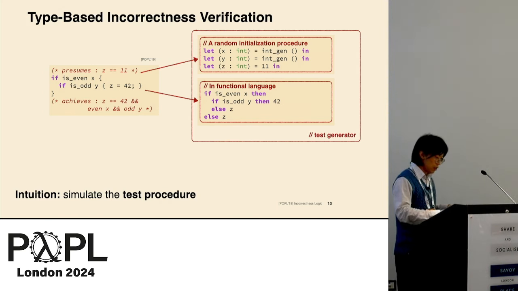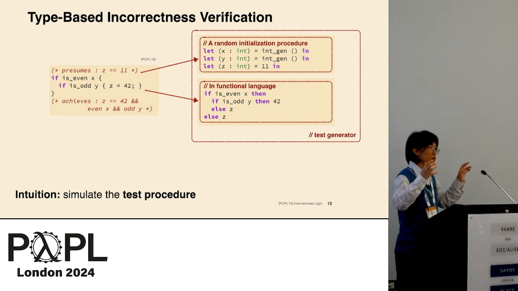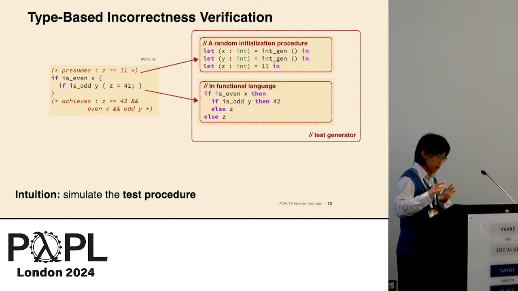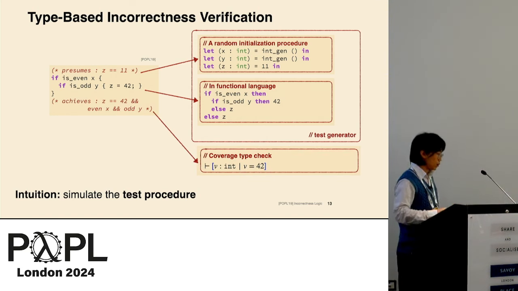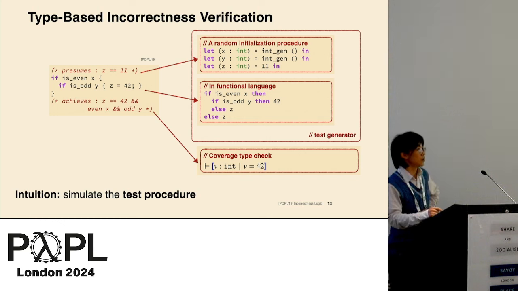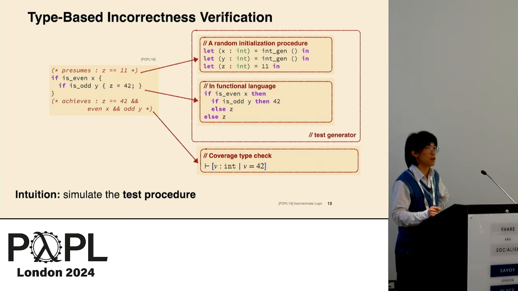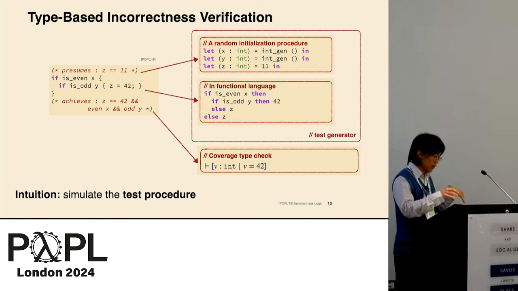From another perspective, if you compose these two parts together, it can itself be a large test generator. In that sense, we can also do the coverage type check. So what we do here is rewrite the postcondition into the coverage type. Because it's a functional language, we don't care about x and y, so the qualifier of the coverage type can simply say v equal to 42.